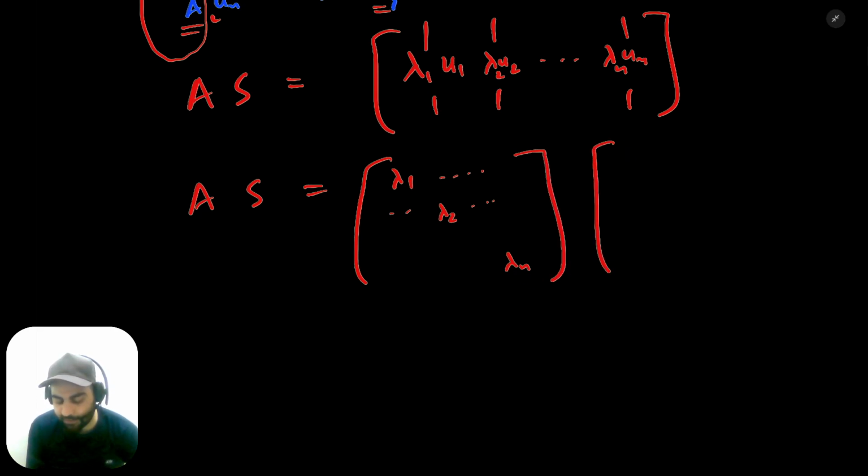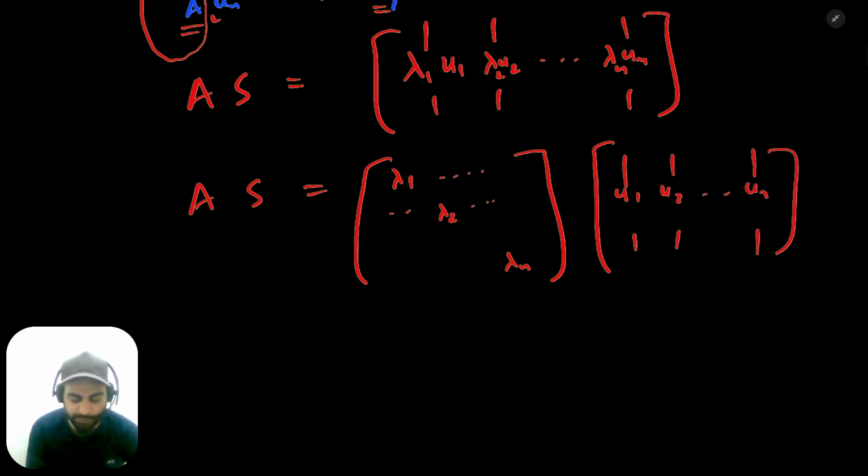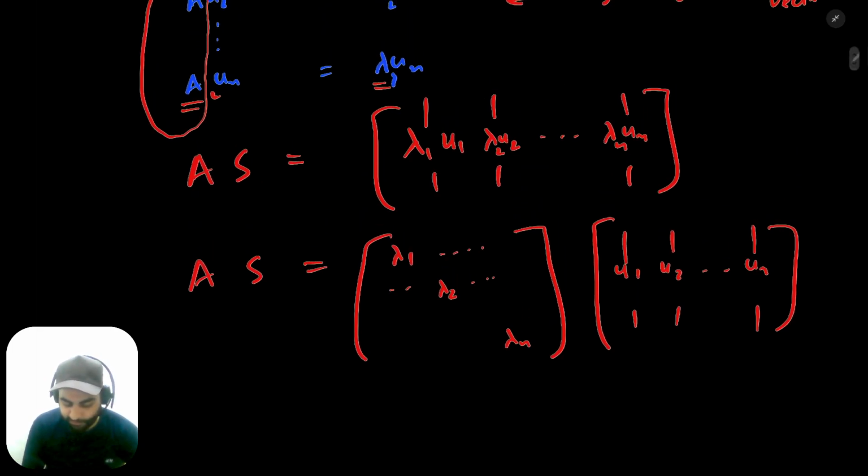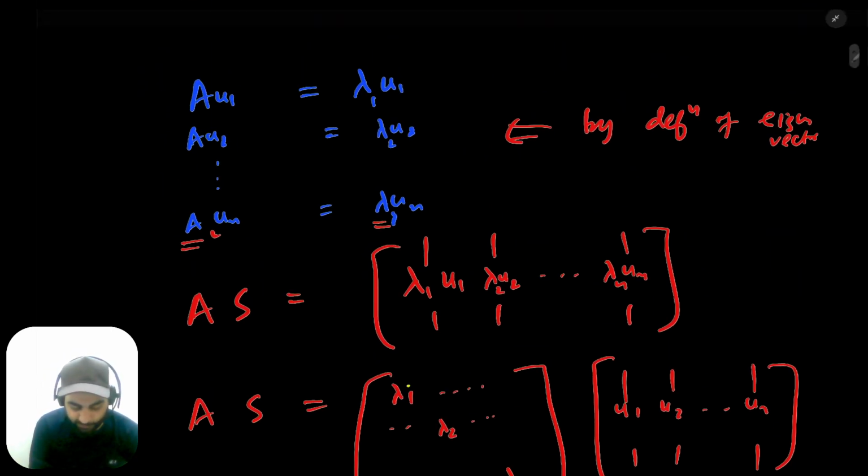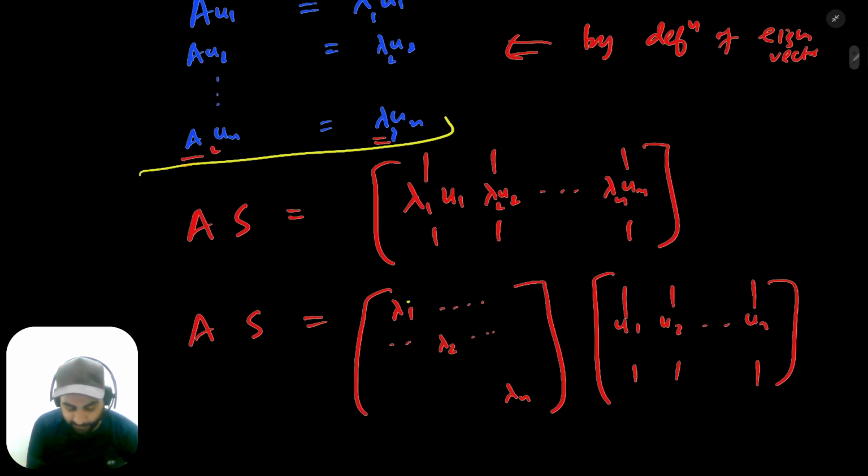Then again I can write u1, u2 till un. If you perform the calculations back, this lambda 1 will get multiplied by this u1, then this lambda 2 will get multiplied by this u2. So again we'll get this matrix back. So from this we arrived at AS, and from here we arrived at this lambda 1 u1, u2, something like this.